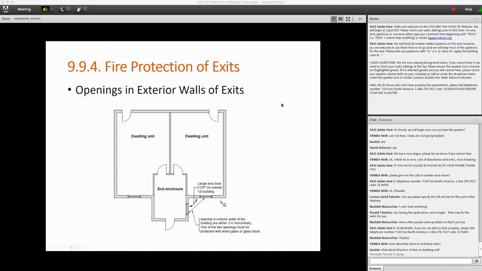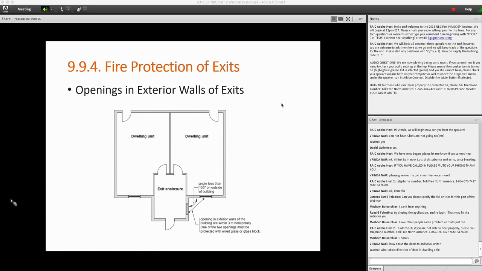Now, how about when you have a scenario whereby you have an exit enclosure, and then you have openings in the exit enclosure, and also an adjacent exterior wall.